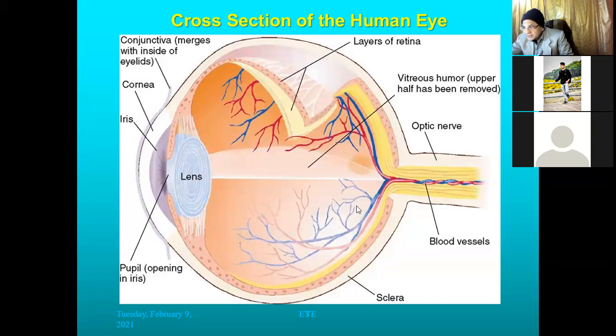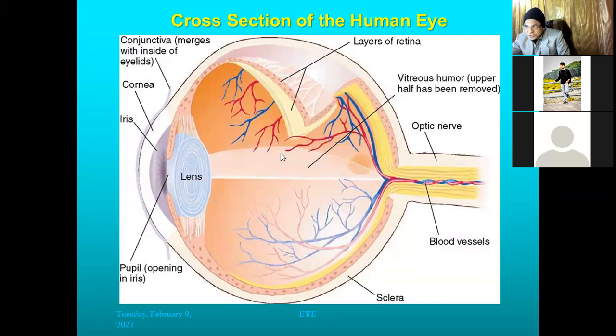Now you see this green and red. These are the blood vessels, and the inner part of this layer, the retina, is connected with the optic nerves, which send the information to the brain. One important thing is vitreous humor.